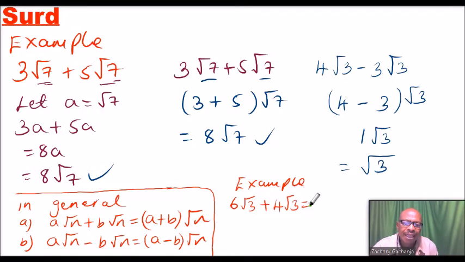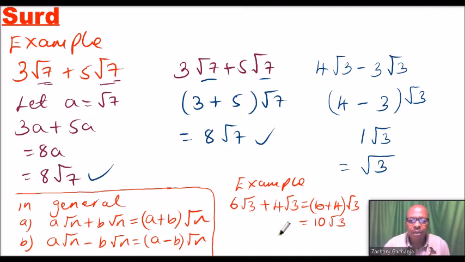We can directly say this is (6 plus 4) root 3. That's what we mean. So it will give you 10 root 3. So very simple to work out.